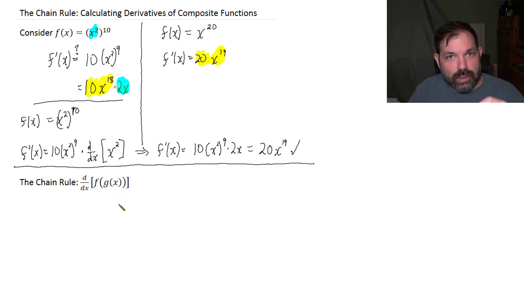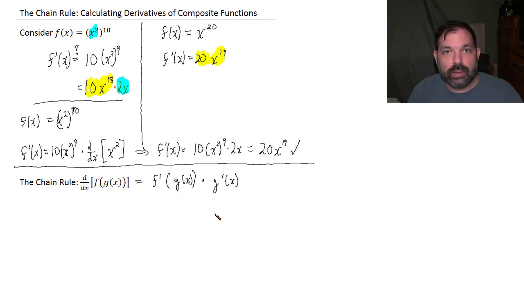The chain rule says that if we have a composite function, f of g of x, and we're differentiating with respect to x, what we do is we calculate f prime, the derivative of the outer function, at the inner function. We leave the inside alone. But then we have to multiply that by the derivative of the inside function, the g prime of x.